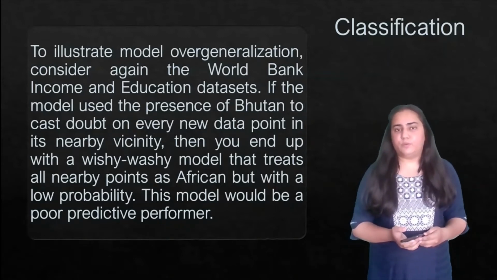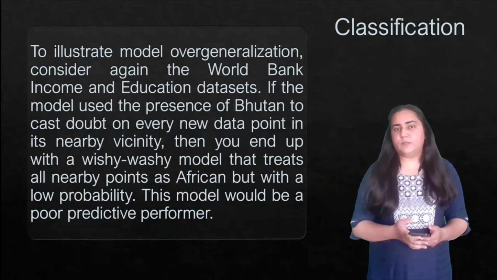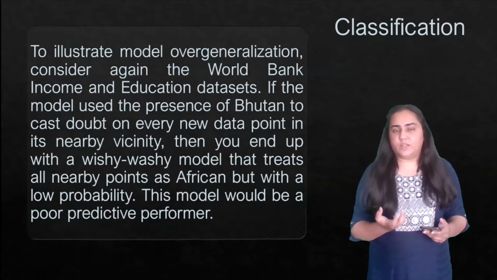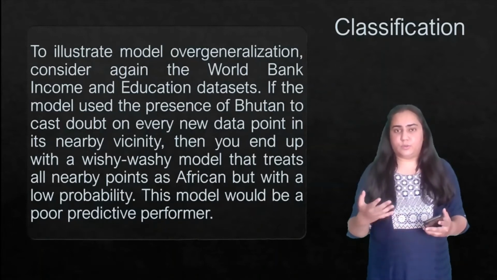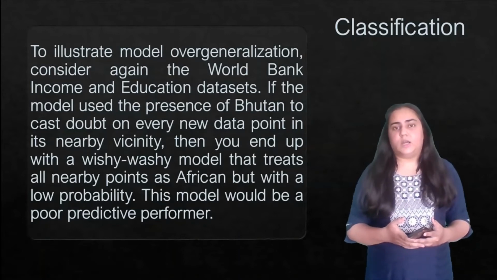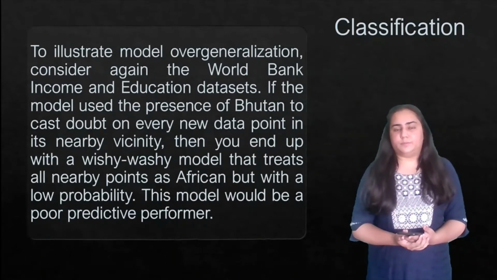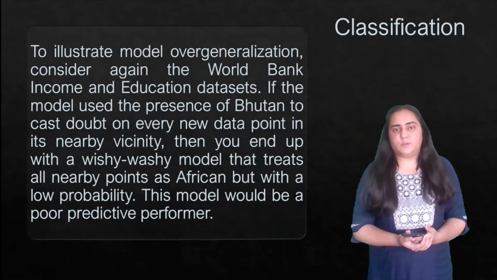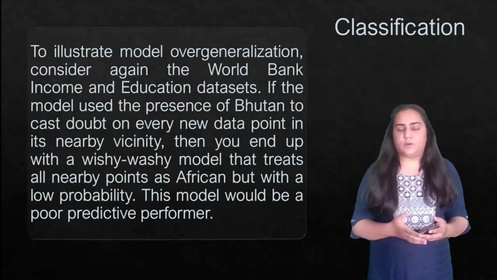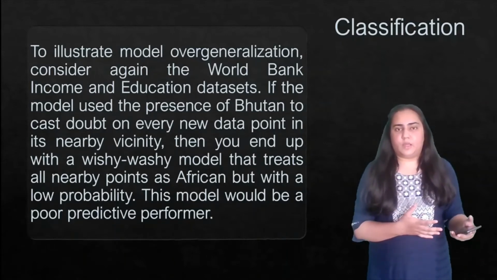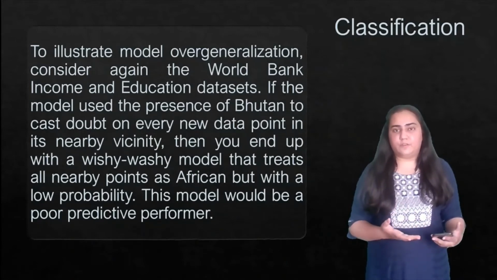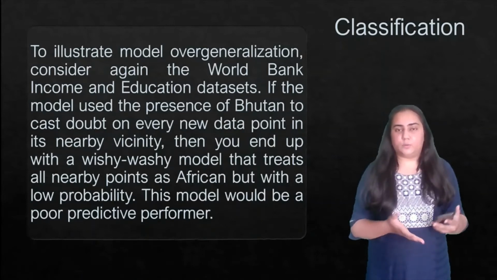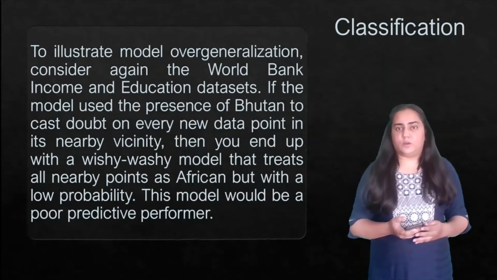And this model would be a poor predictive performer, because you found this one country, Bhutan, which was wrongly classified as belonging to the African continent. If you decide that now you want to generalize your model a bit, it's possible that all the nearby points are also brought into Africa instead of being Asian, but they are brought in there with less confidence. The probability is low, and that's why your model is no longer reliable.